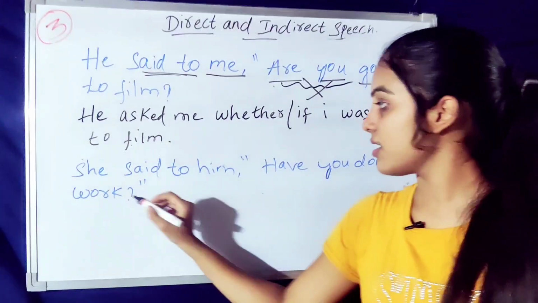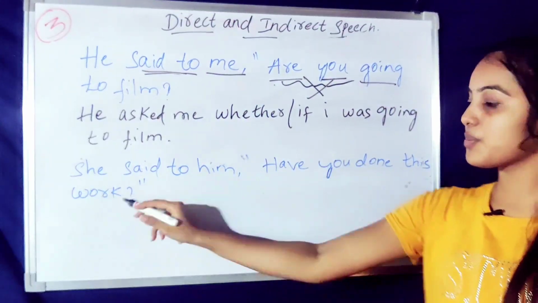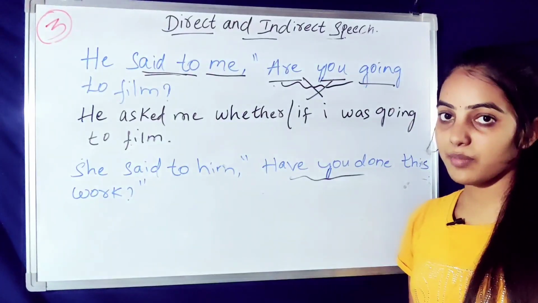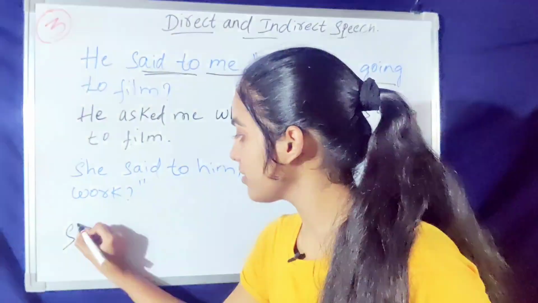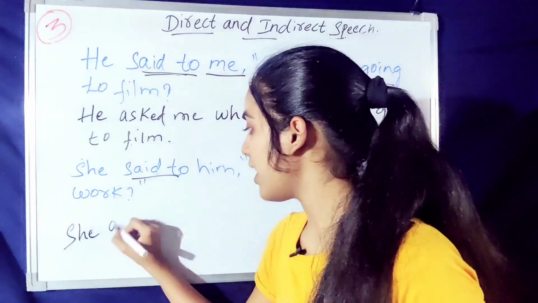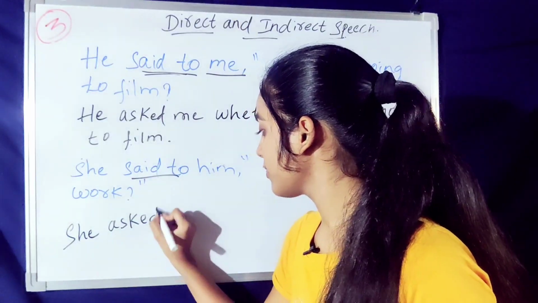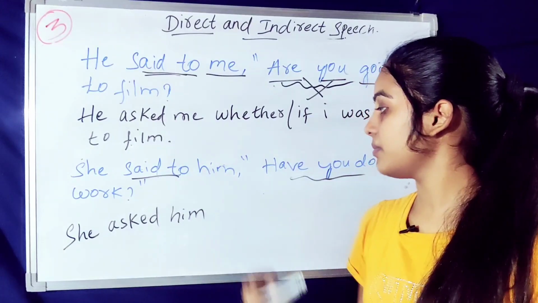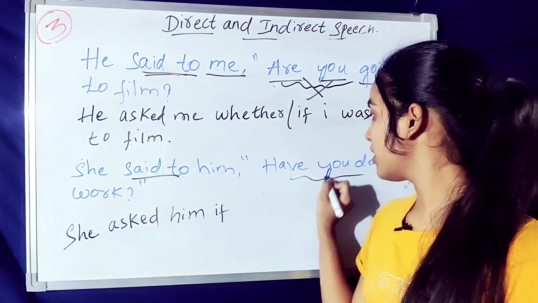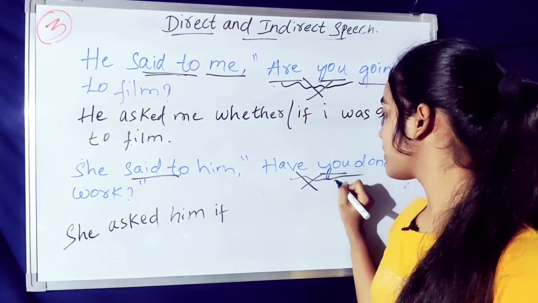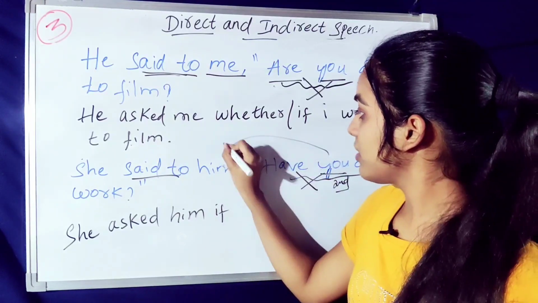Okay. Now look at this. She said to him, have you done this work? Okay, this is confirmative. Now tell me. She asked him if. Cross-examine. You, second person, refers to him.